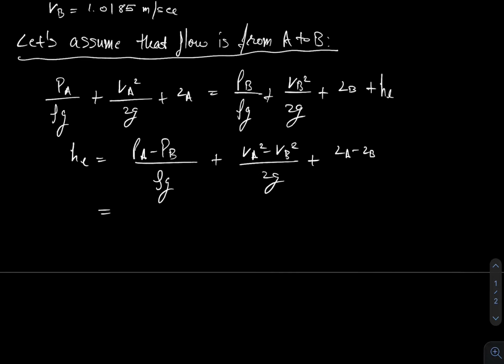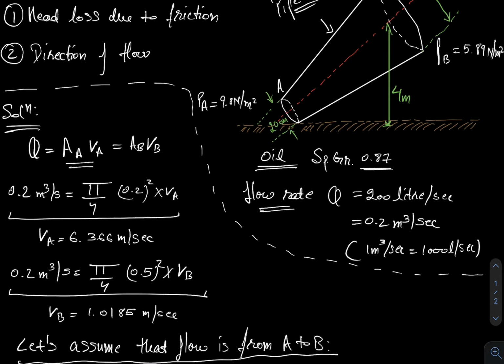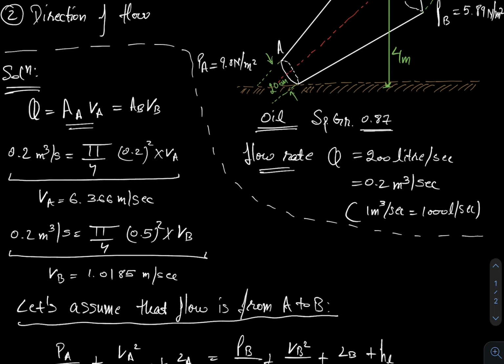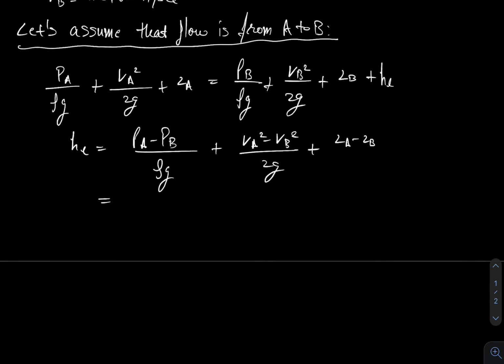PA minus PB, what was my pressure here? 9.8 minus 5.89 upon, now here is the trick.